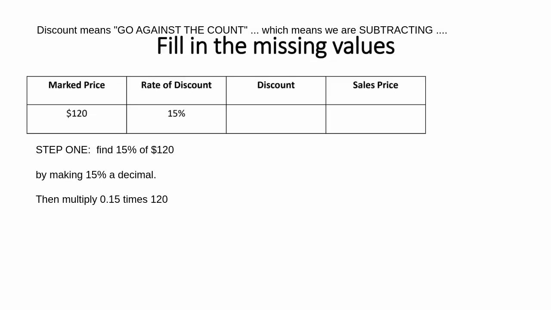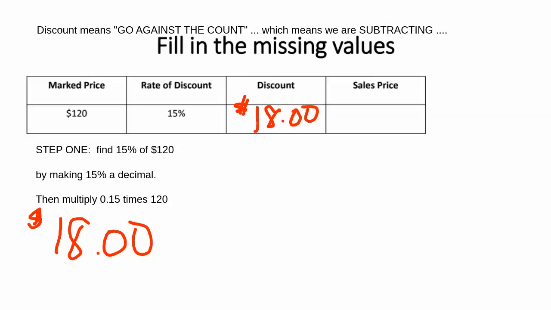Okay. So if I take 120 and multiply by 0.15, I am getting $18. This is my discount. It is gotten from step 1.